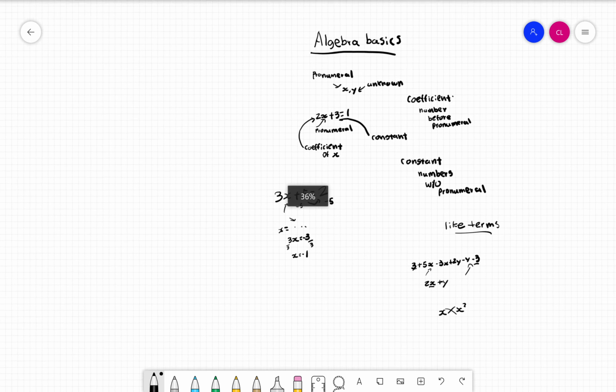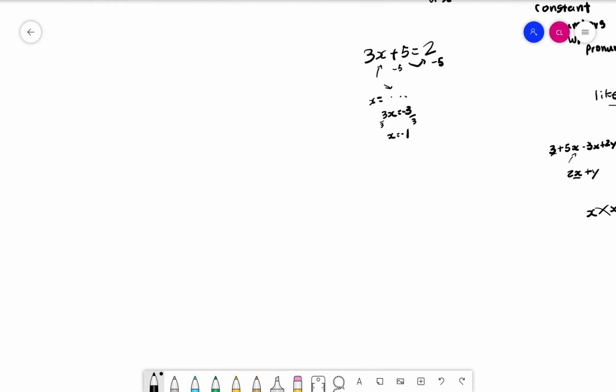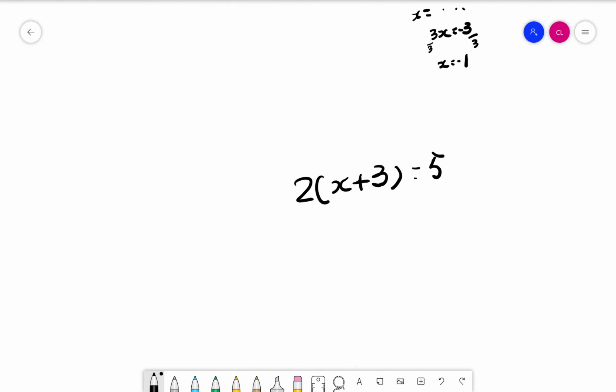Right? So now let's say you have something like 2 brackets x plus 3 equals 5. Now how would you do that? Well, you need to expand the bracket first.